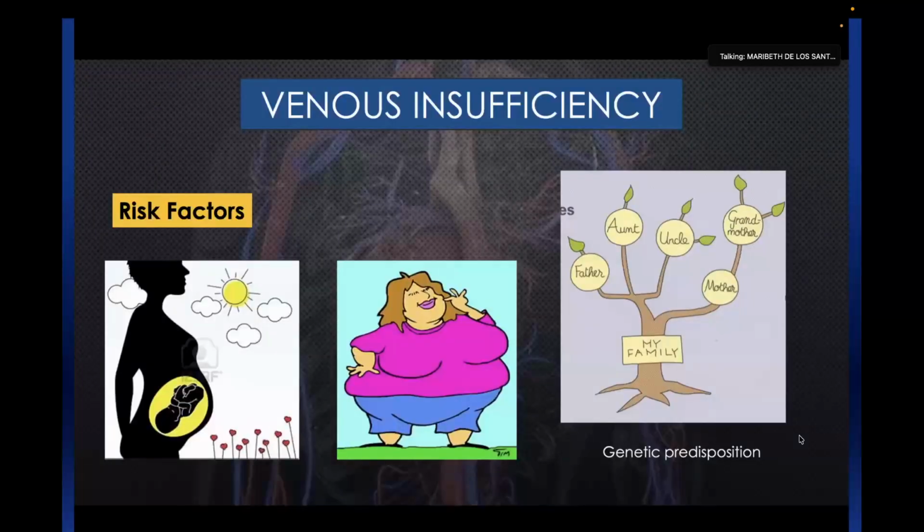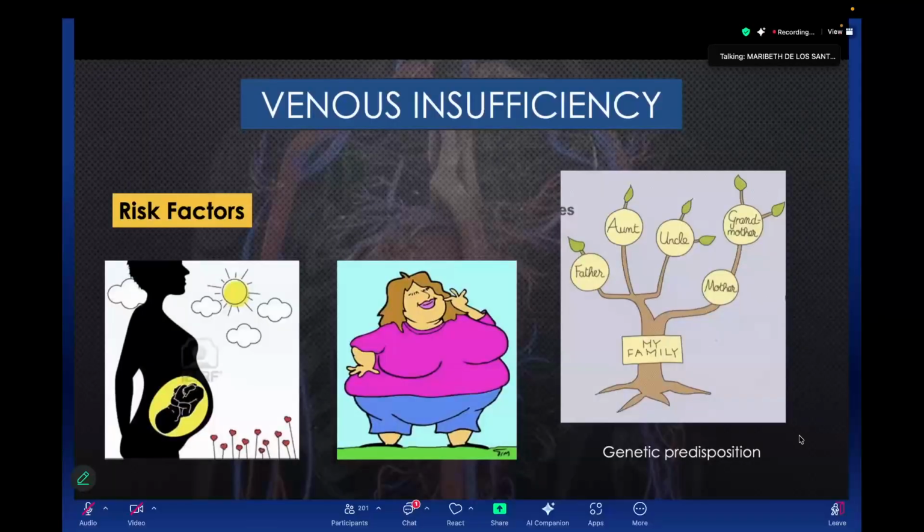Usually we see them in the elderly and middle aged, but we seldom see them in the 20s. But if we do, usually the mom also has venous insufficiency, meaning there's an inherent weakness in the walls of the vein that runs in the family.